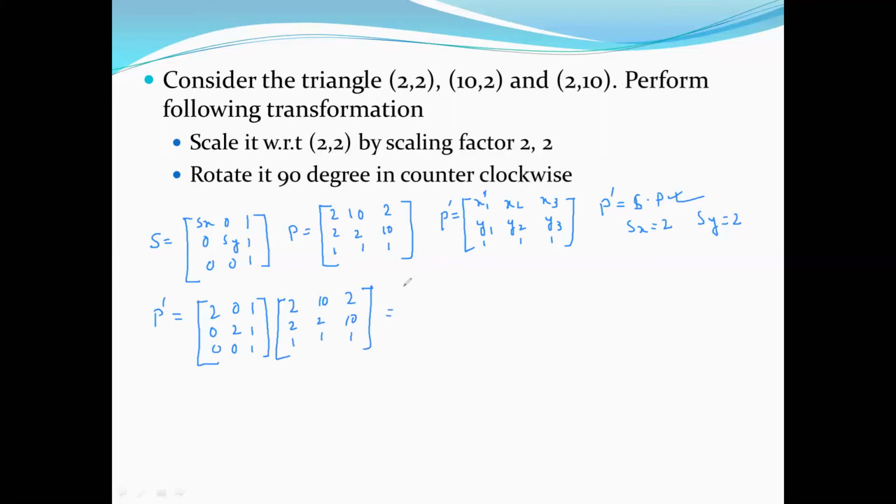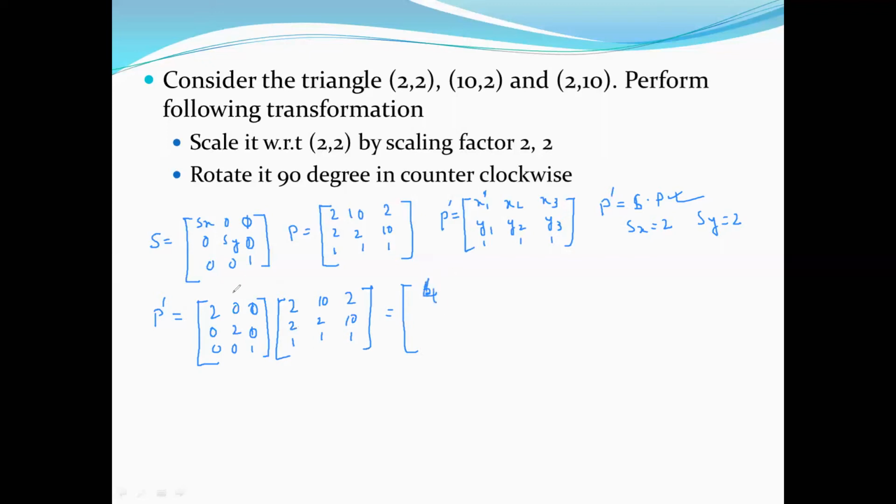So if you perform the multiplication, it will be 2 2s are 4, 2 and 1. Sorry, just a minute, this matrix is a little bit wrong. So it will be 0 0 1. Fine. So 2 2s are 4, 2 into 0 is 0, and the result will be 4.